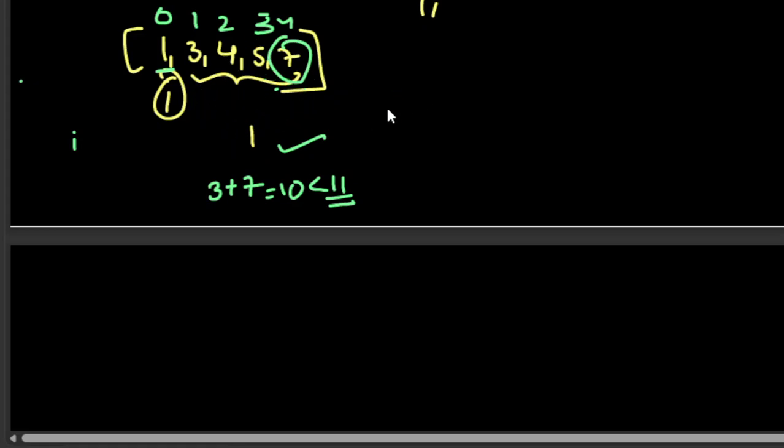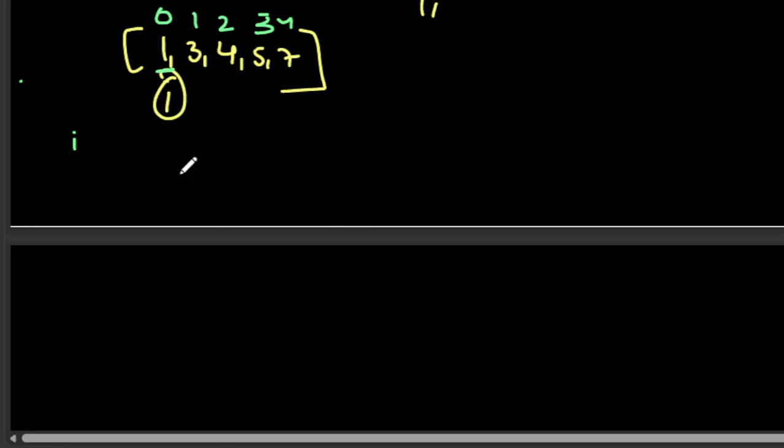So basically, from the right side I want to find the position where I am getting the sum less than my sum minus the fixed element.